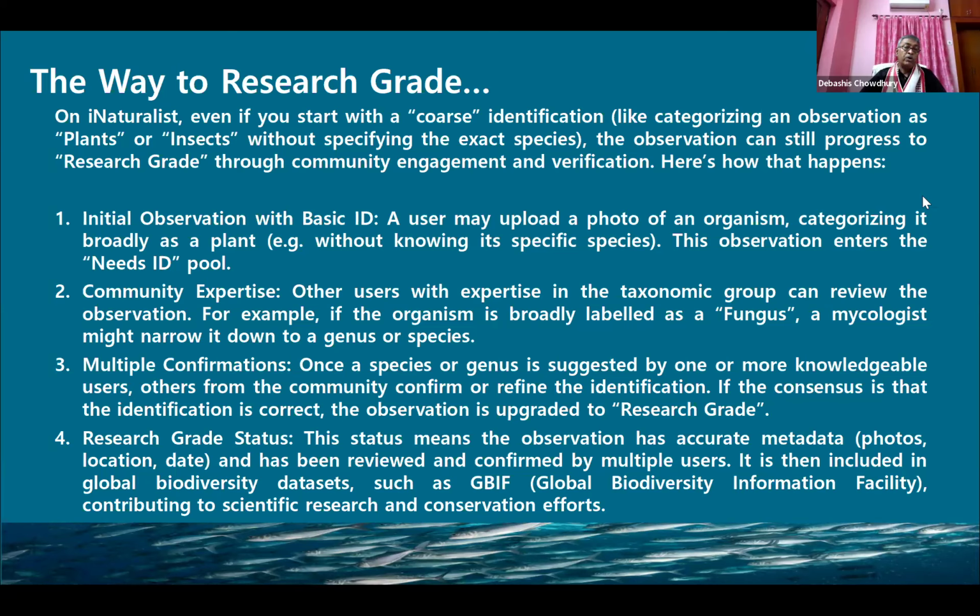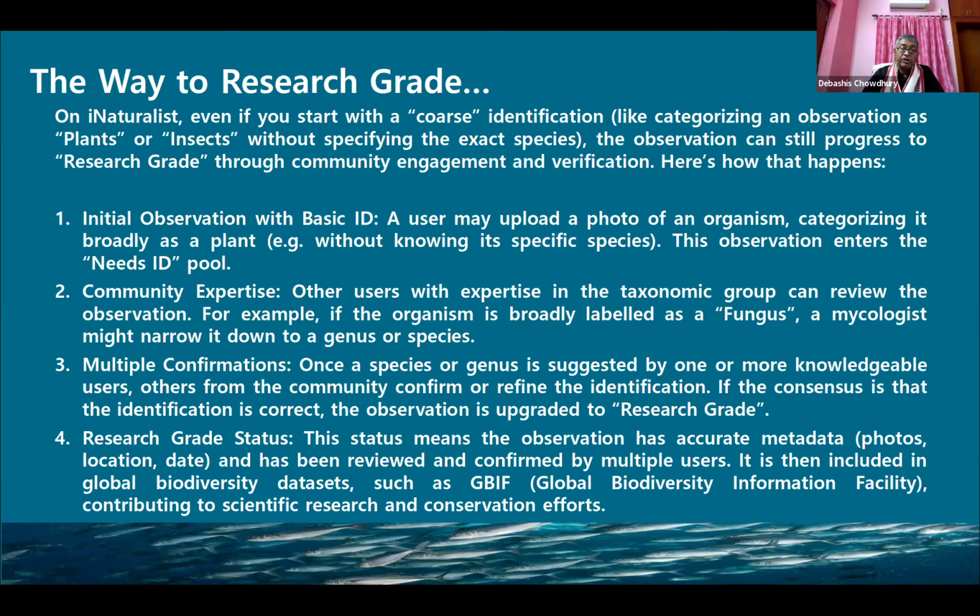Multiple confirmations. Once a species or genus is suggested by one or more knowledgeable users, others from the community confirm or refine the identification. If the consensus is that the identification is correct, the observation is upgraded to research grade, that we have already discussed. So multiple confirmation sends the observation to research grade. Research grade status. This status means the observation has accurate metadata that we have discussed in the data quality assessment.